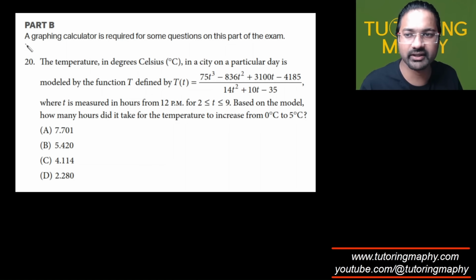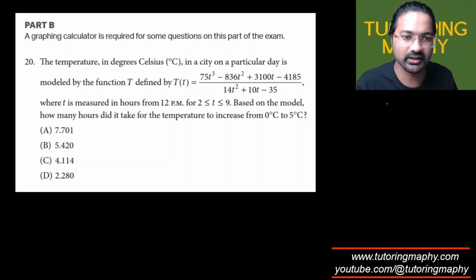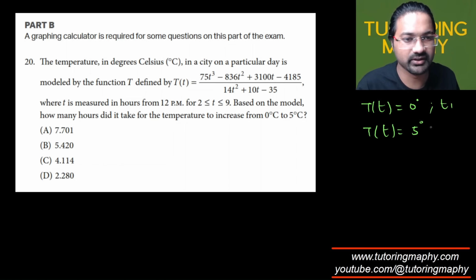So we need to find when the temperature is 0 and when it is 5 degrees Celsius. Once we have a T1 and a T2, they are looking for the value of T2 minus T1.